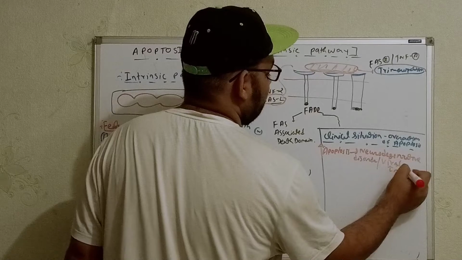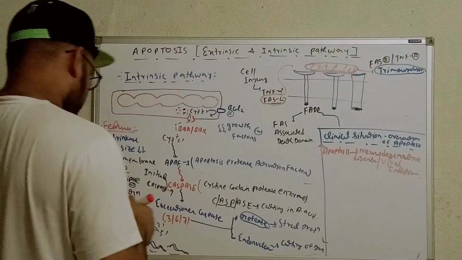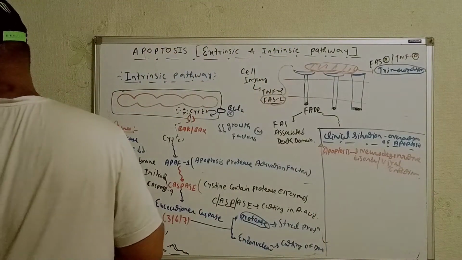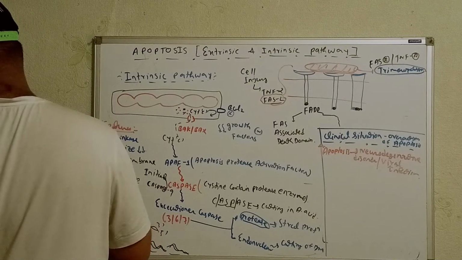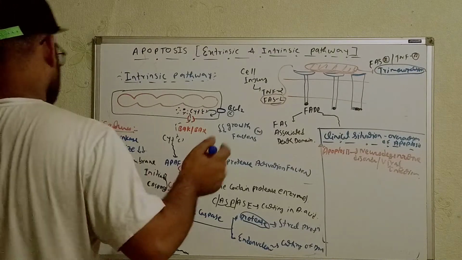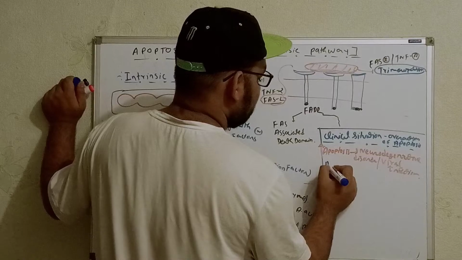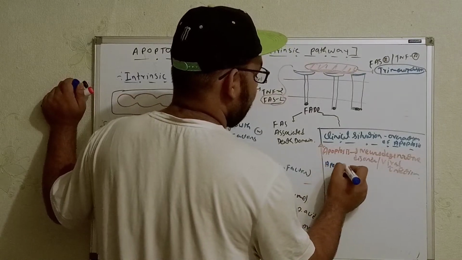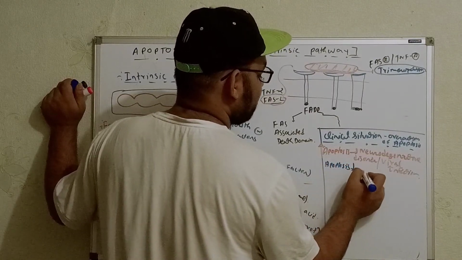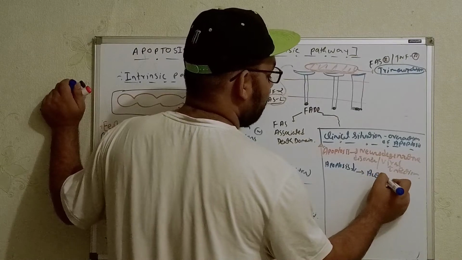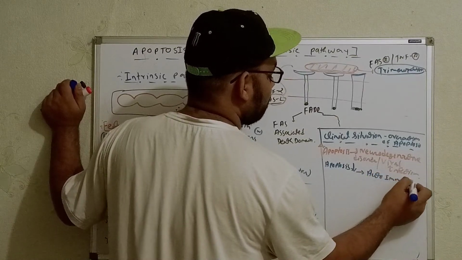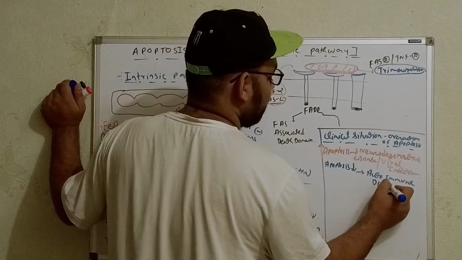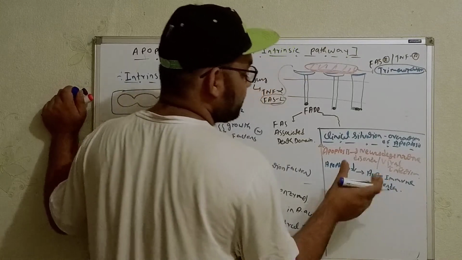In viral infections, we get more chances for apoptosis. Now where do we get apoptosis less? We'll get apoptosis less in autoimmune disorders. Here the apoptosis will be less.